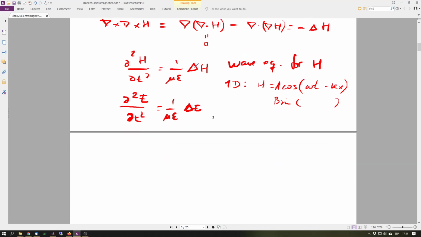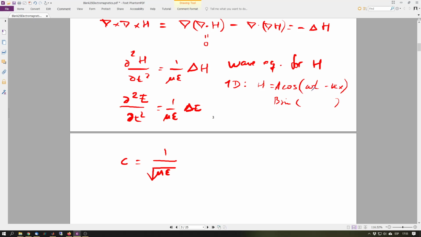So the two of them are exactly given by the same wave equations, with the speed given by c squared. In the wave equation, the second time derivative will be given by c squared times the second space derivative.